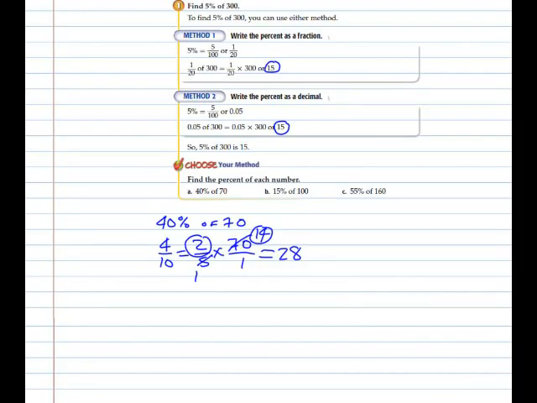In example B, this is example A over here. Example B, 15% of 100. Now, I'm not sure if this is a trick question or not, but percent means hundreds, so 15% as a fraction would be 15/100, which would be 15.